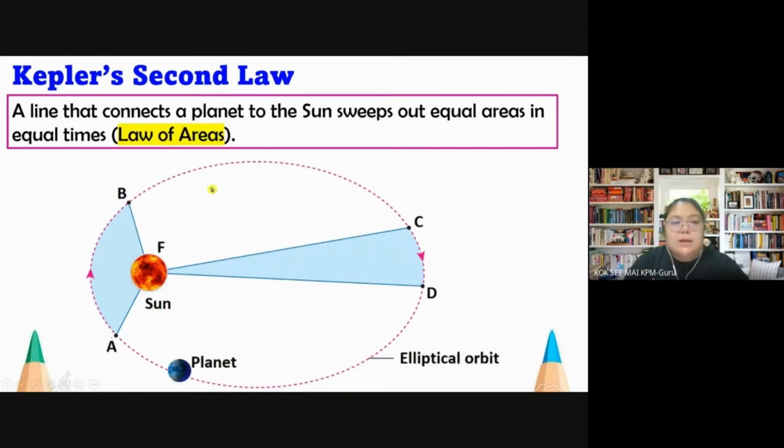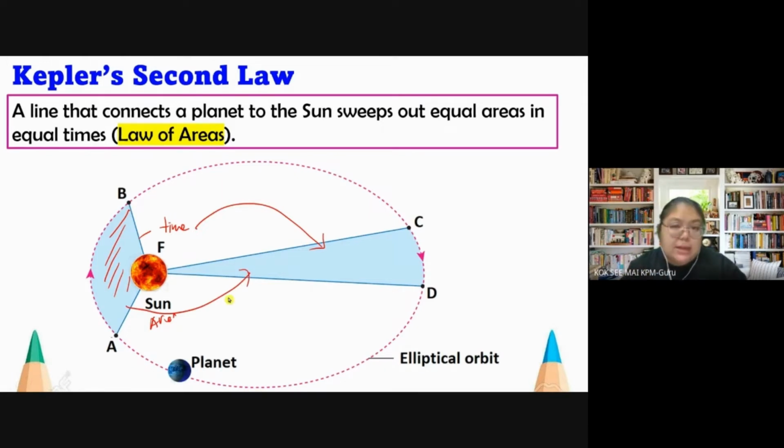Okay, Kepler's second law: a line that connects the planet to the sun sweeps out equal areas in equal times. That means this area that is swept out, the time should be the same as for another one. And the area should also be the same as for the other part swept out.